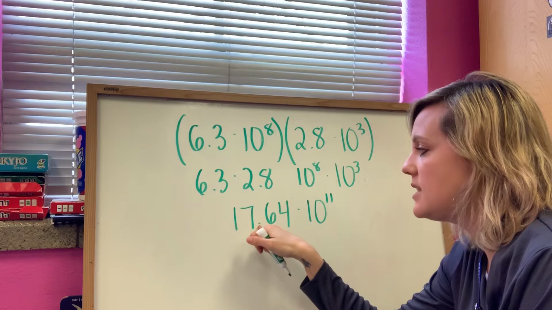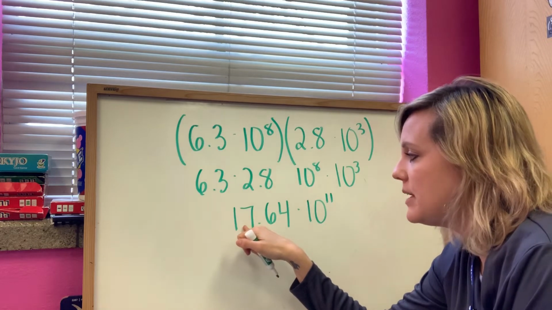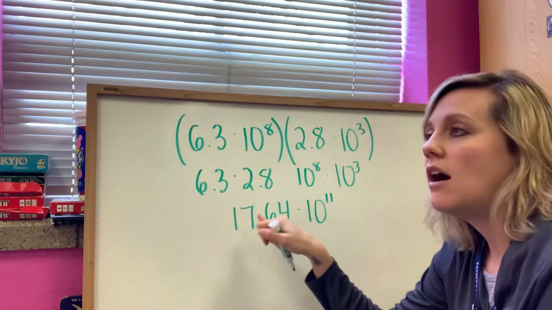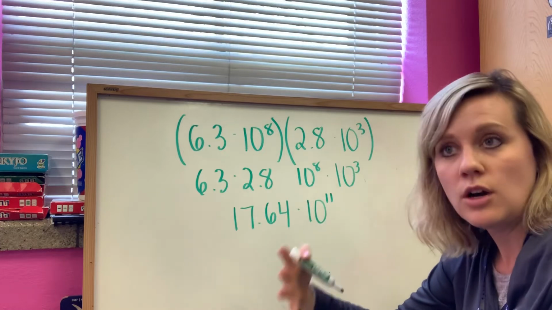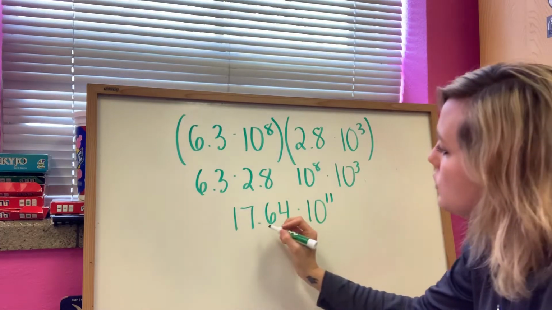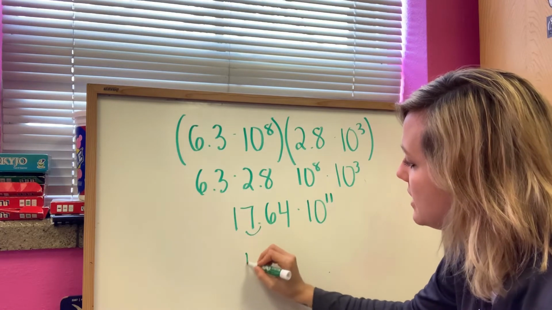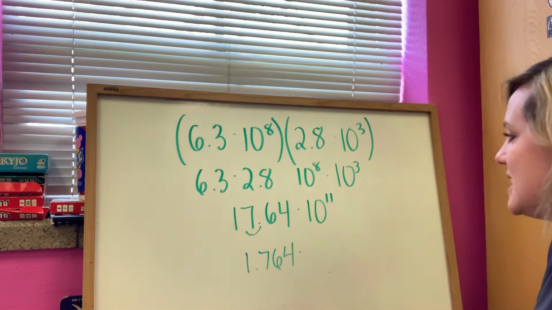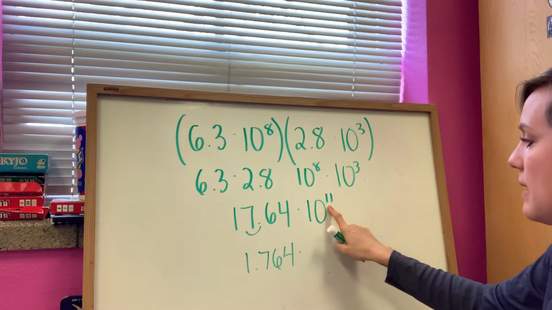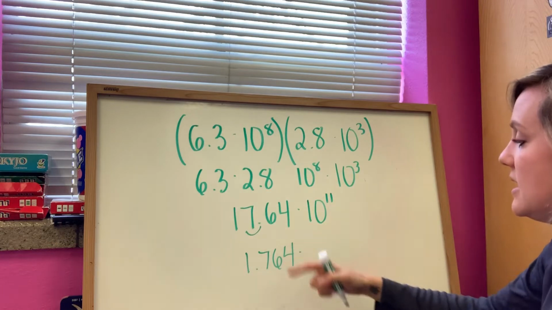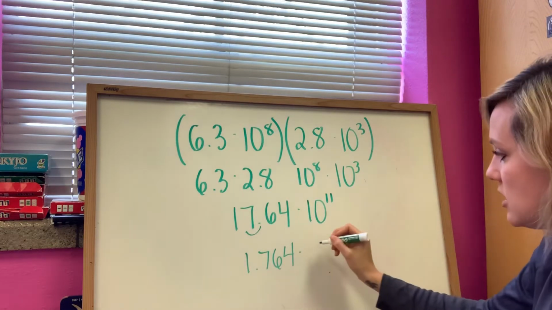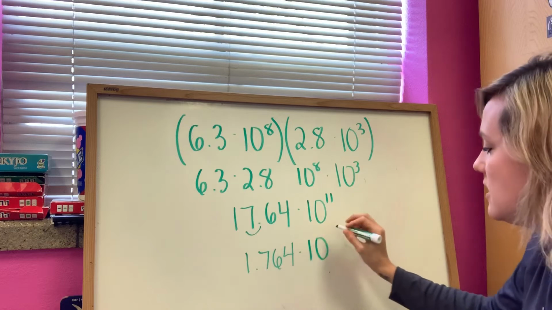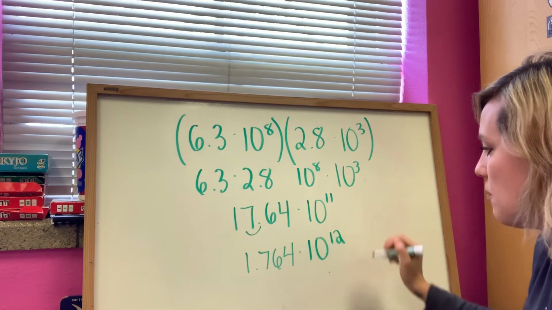So we want to move this decimal 1 spot here, because in scientific notation, our numbers have to be in between 1 and 9.9. So I'm going to move the decimal 1 spot to get 1.764, which means I would have to multiply by another group of 10 to get my actual answer. So I'm going to change this 10 to the 12th power.